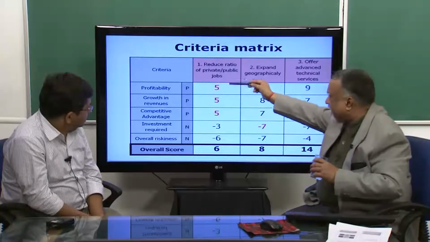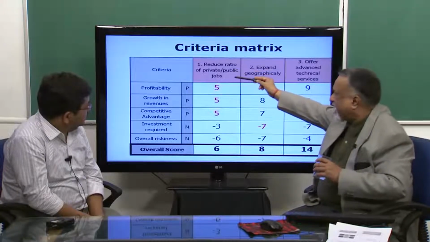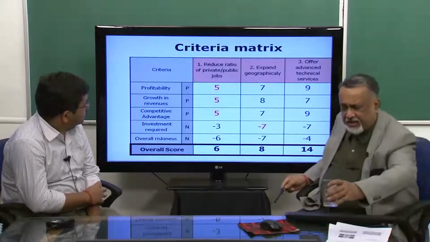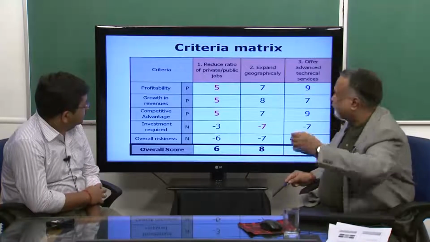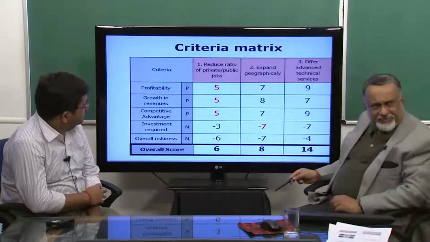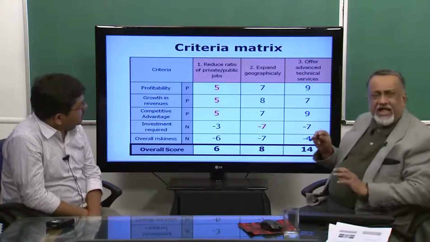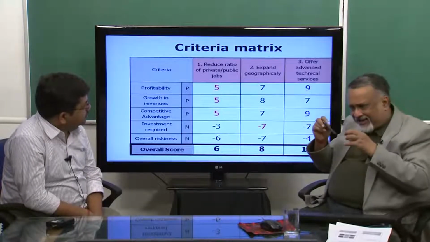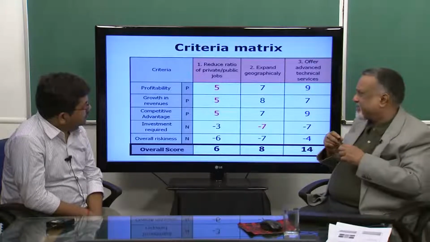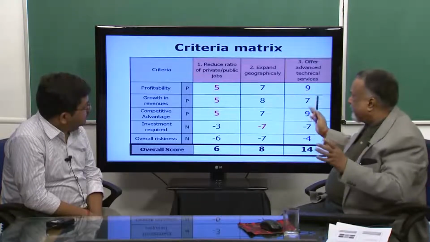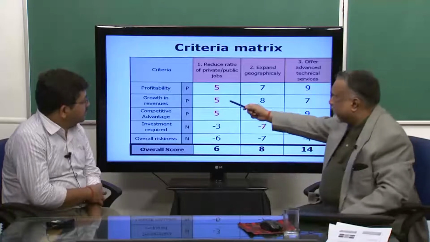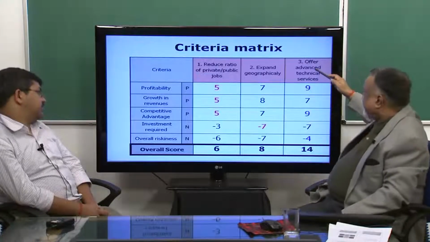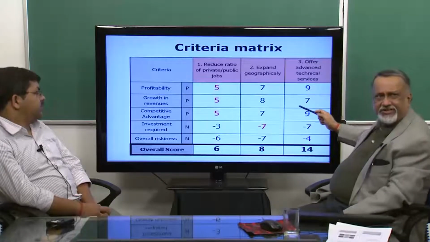So, profitability, reducing the ratio of private to public jobs, after analysis of various kinds of financial outcomes and possibilities, and so on. Doing a combination of the SWOT and then the consequence analysis will bring you to this kind of matrix. Here you can see that profitability is best in advanced technical services.